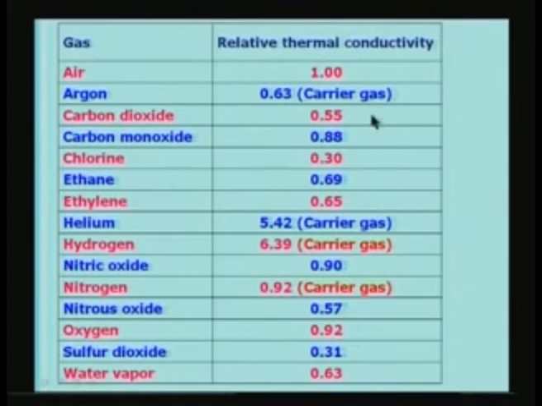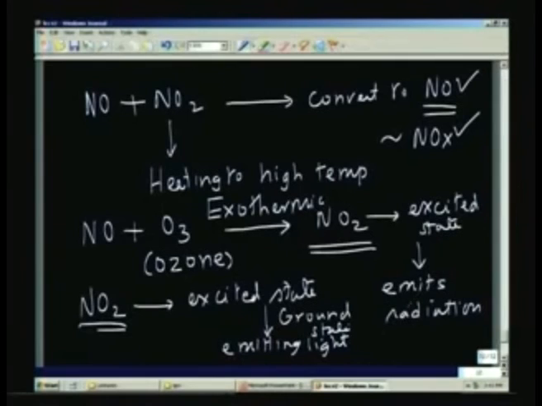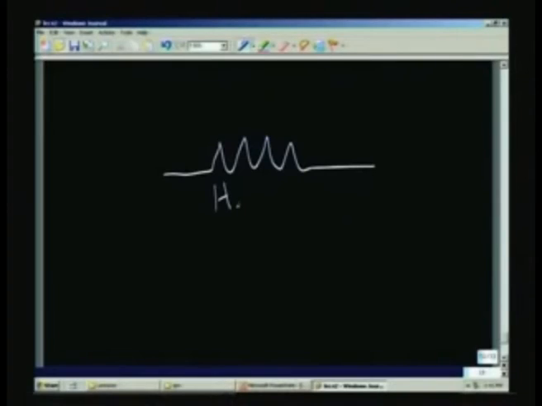So, let us see how we can use this information. For that, let me try to explain by showing what is going to happen. Suppose I have a filament, a heated filament.